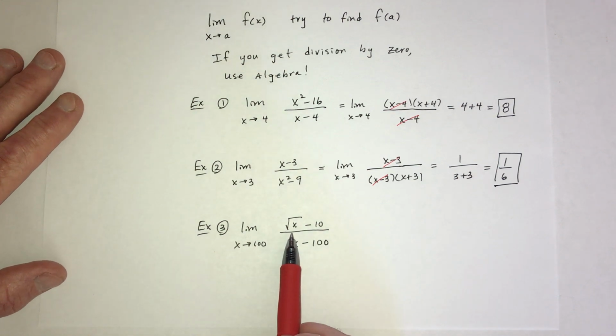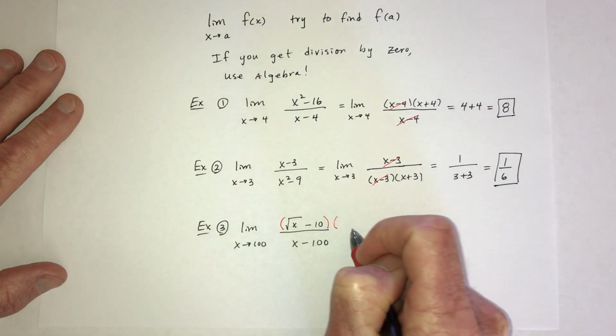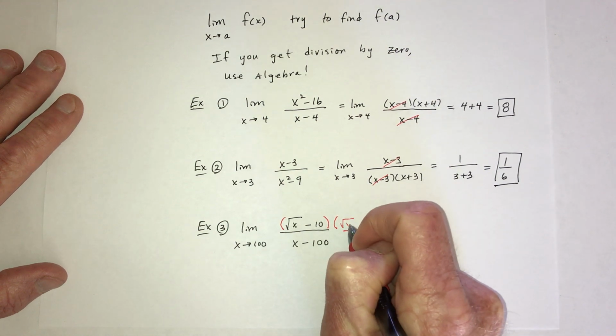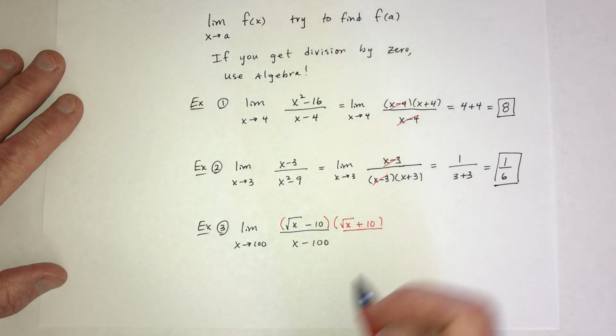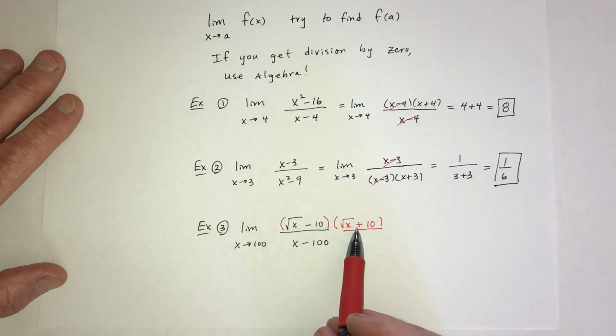So the algebra that we're going to do is use the conjugate of this. The reason for that is when you multiply by the conjugate, it gets rid of the square root. So the conjugate means take the square root of x and then use a plus instead of a minus. And if this would have been a plus, I would have used a minus right here.